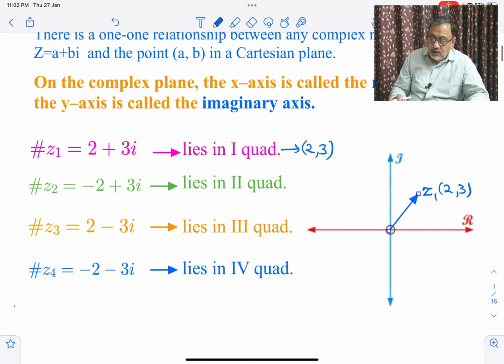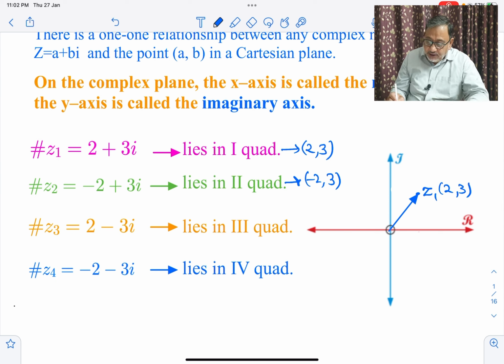Now, to represent the second complex number, z2, which is minus 2 plus 3i, as we know it has a one-to-one relationship with the point (minus 2, 3).